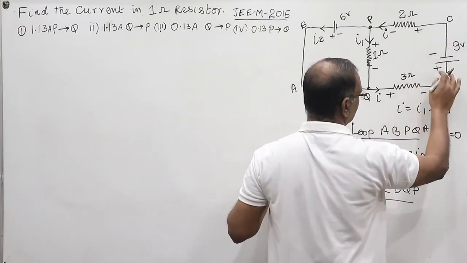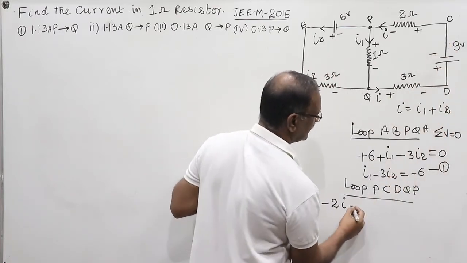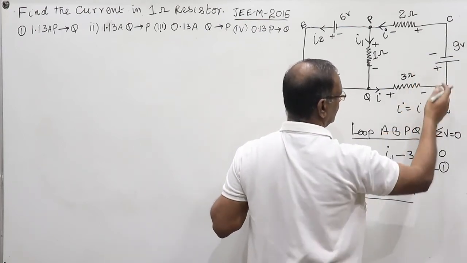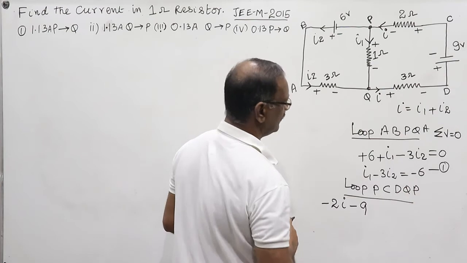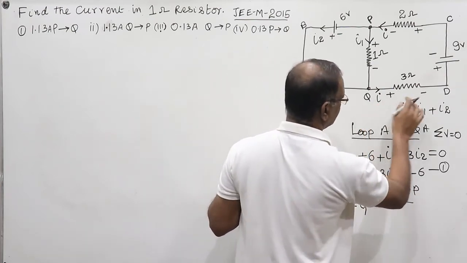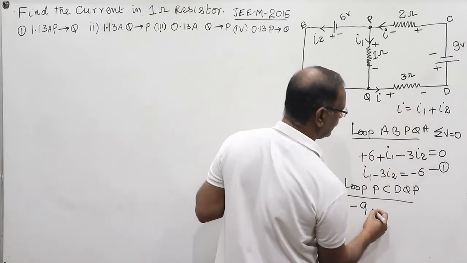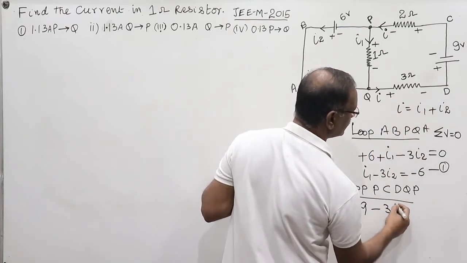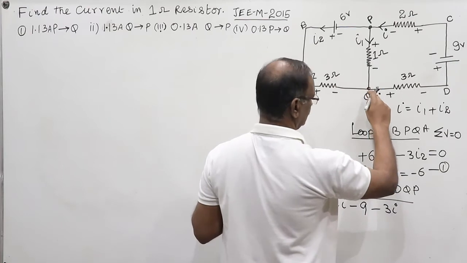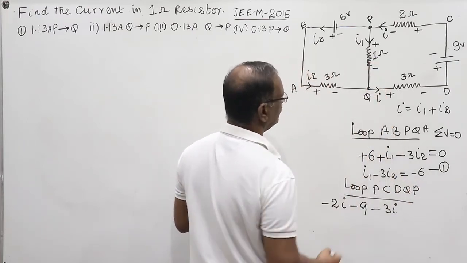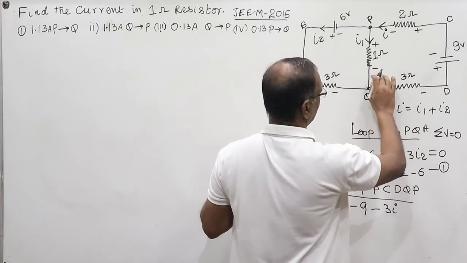Again we are moving from here to here, and the potential is negative because we are moving this way. When we move from here, the current flowing is I and the resistance is R, and we are going from negative to positive, so minus 3I. PQ, DQ and P again, again moving from negative to positive.